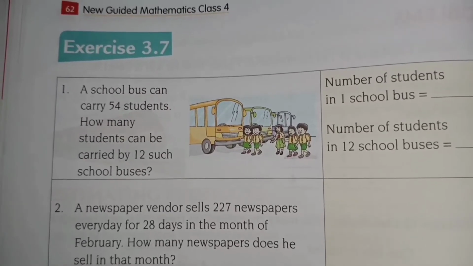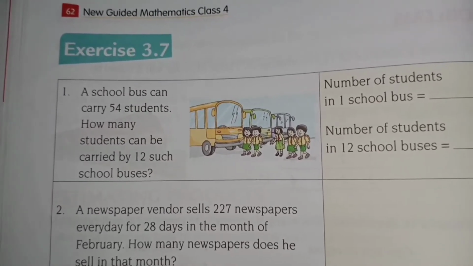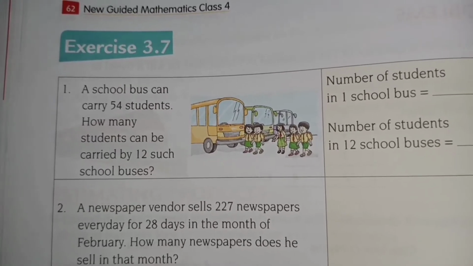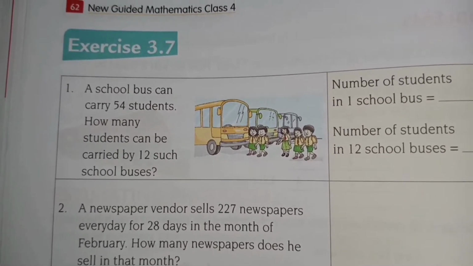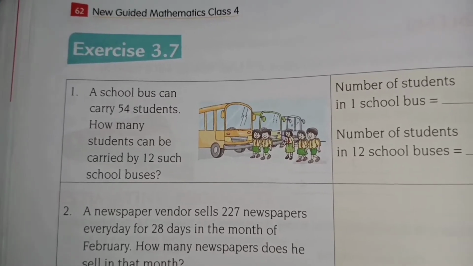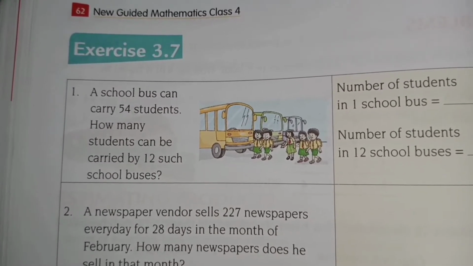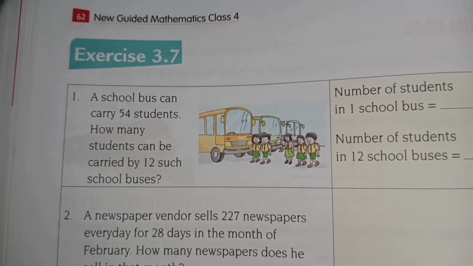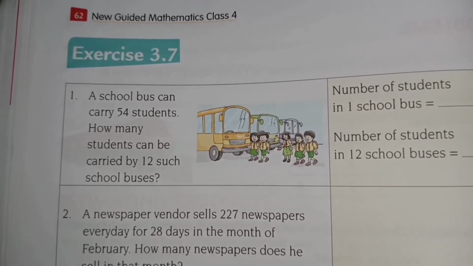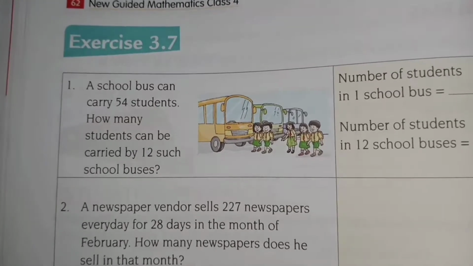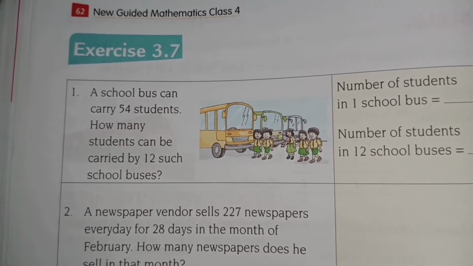So in 12 buses, how many students can be carried? When they give the number for one and ask for many, like the number of students in one bus and they ask for 12 school buses, what do we have to do in that case?